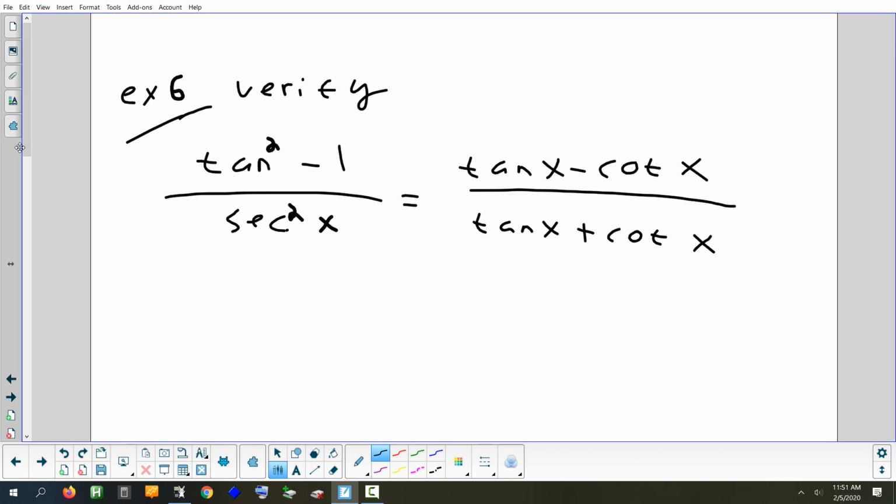So, yes, changing to sines and cosines here, although it'll work eventually, is just like driving to California by heading to Boston. It will work eventually, but it's really not the best way to go about it. So what we're going to do is start with the right-hand side, and we're going to change everything to tangents.